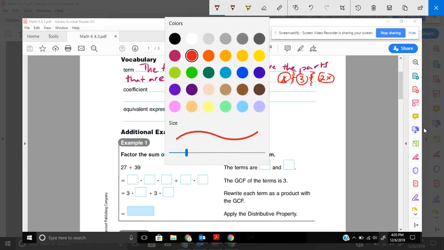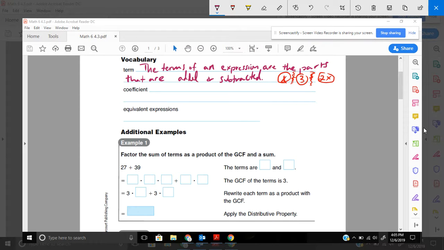The next word is coefficient, and a coefficient is a number that is multiplied by a variable in an algebraic expression.